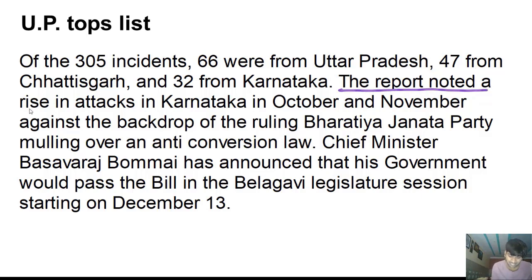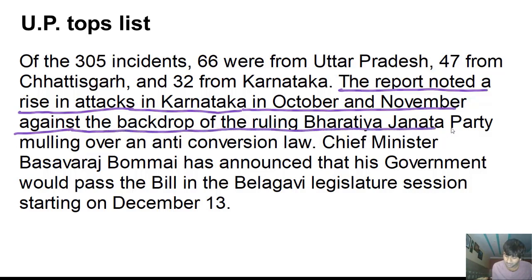A rise, an increase in attacks, where? In Karnataka, when? In October and November, against the backdrop of the ruling Bharatiya Janata Party mulling over an anti-conversion law.